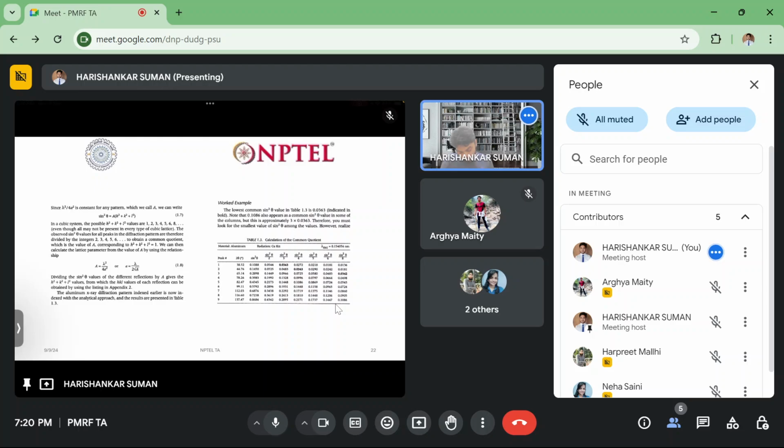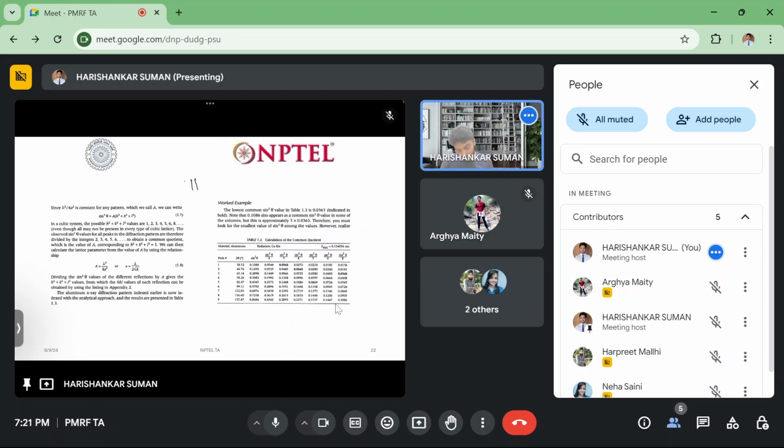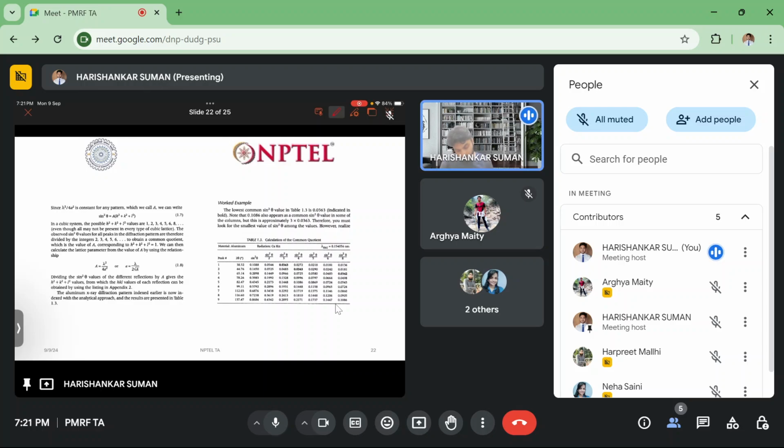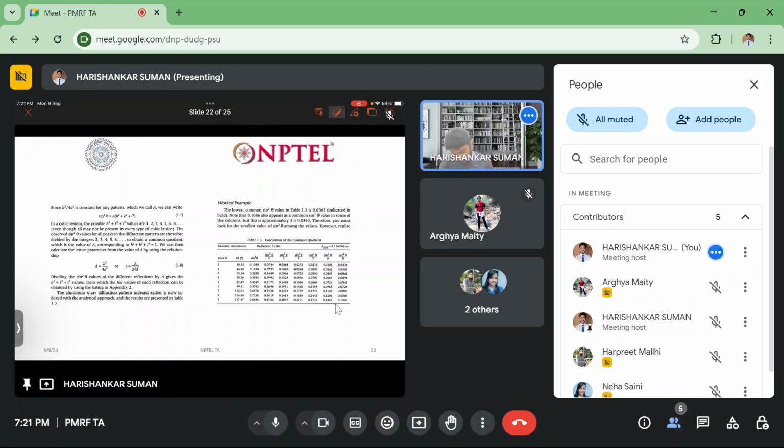We can calculate like this in the first type of calculation, or we can use a second method. For the second method, we can use sin square theta equals a, where a is lambda square by 4a square corresponding to the lattice parameter. How can we get this?